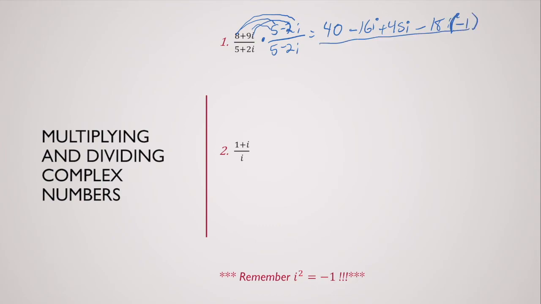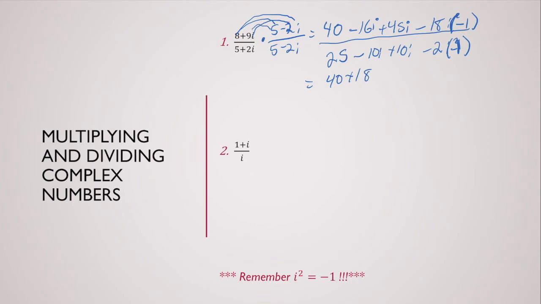My denominator, I've got 25 minus 10i plus 10i minus 2i squared, which is negative 1. So I'm going to have 40 plus 18. 45 minus 16, well, 45 minus 10 would give me 35 minus 6 is 39.